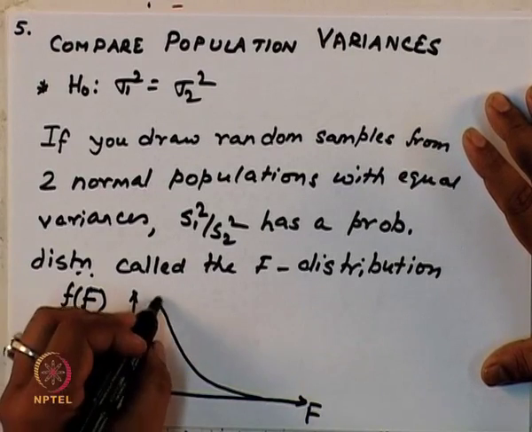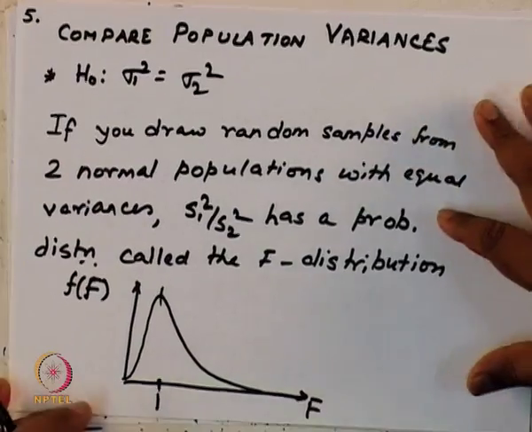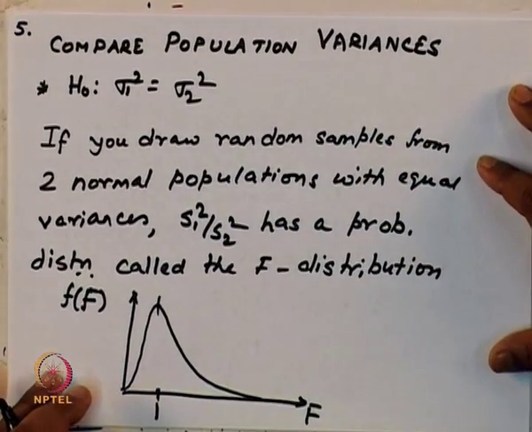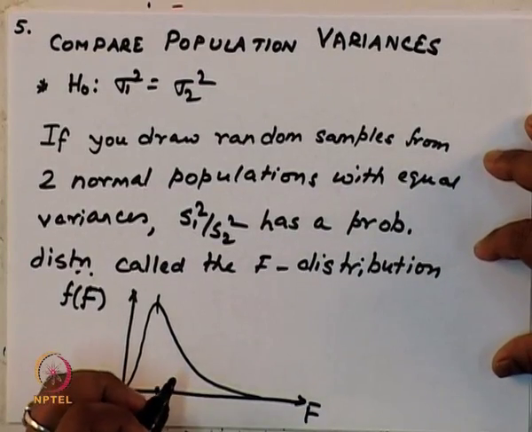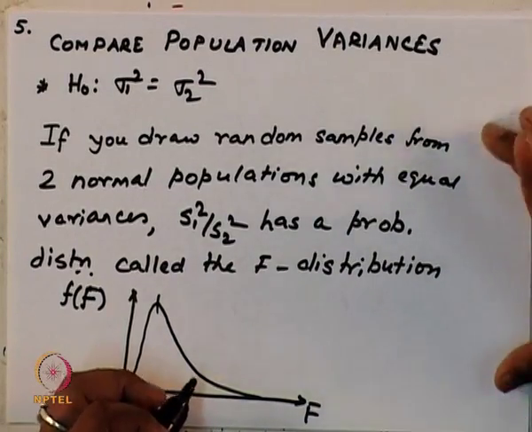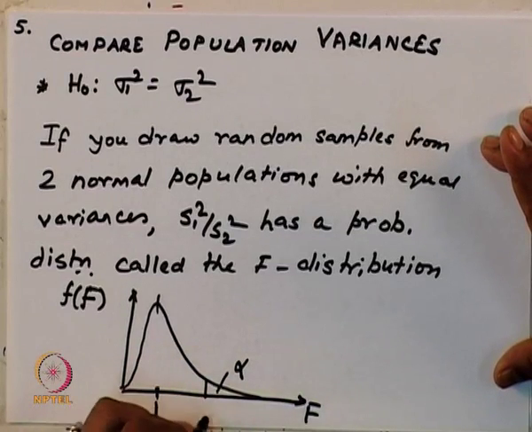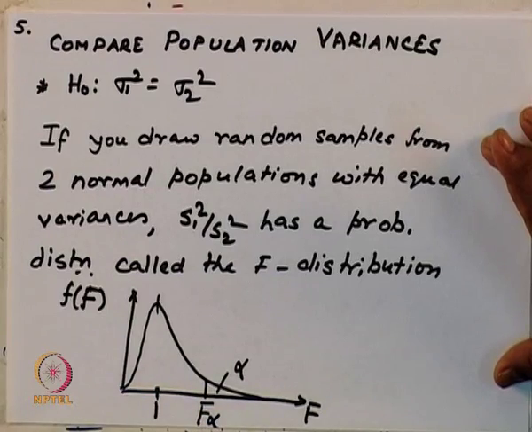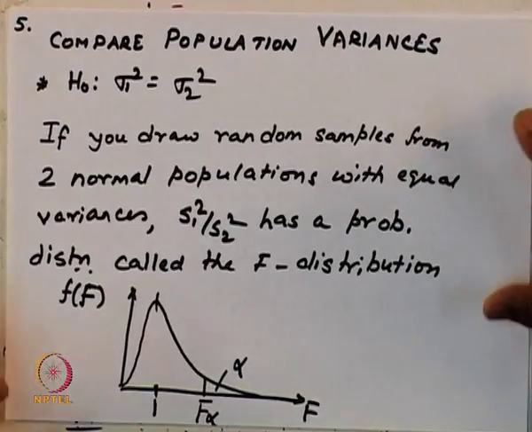The peak corresponds to F equal to 1, that is when both the population variances are the same. You would do a single tail test for an F distribution just like in all the other cases. You take the value of alpha, which is the area under the curve, and find out the value of F of alpha.